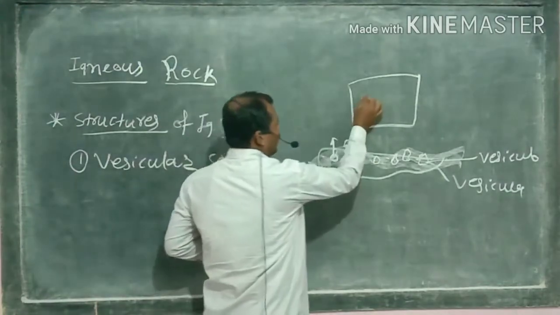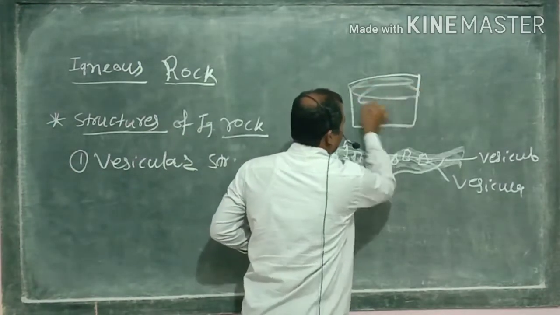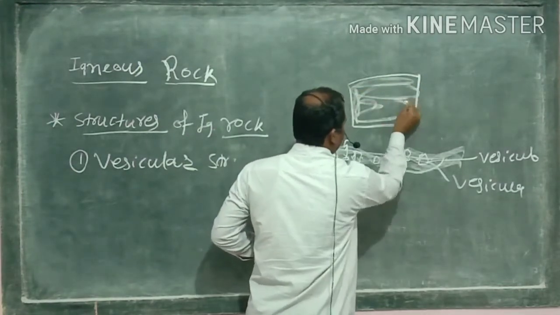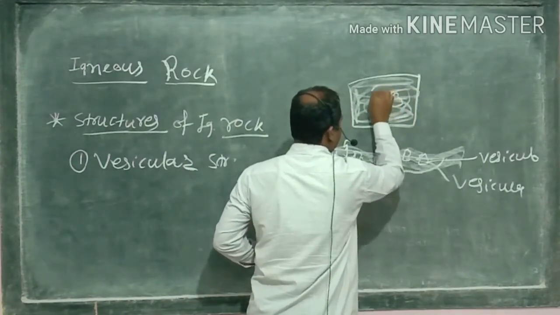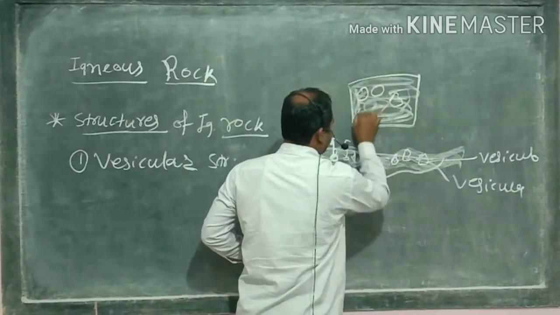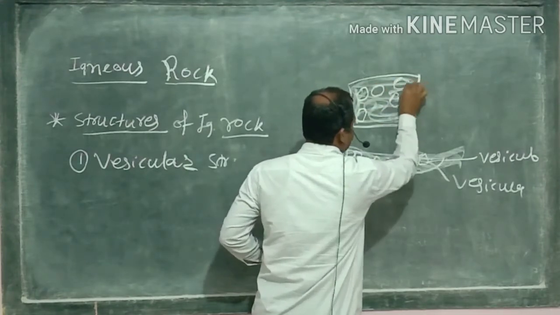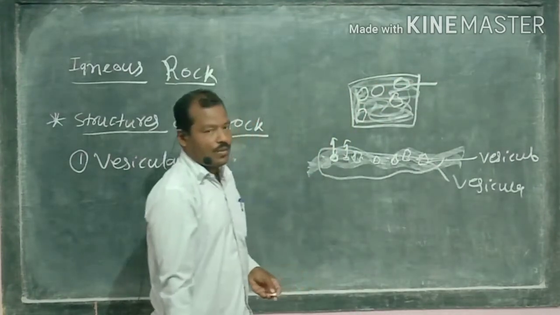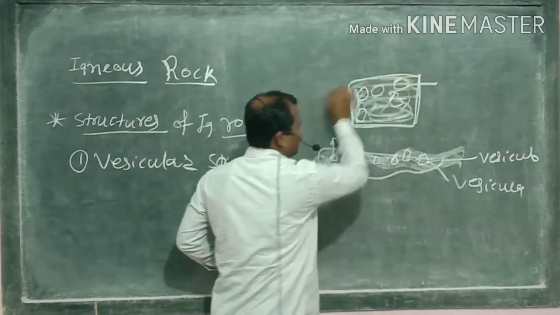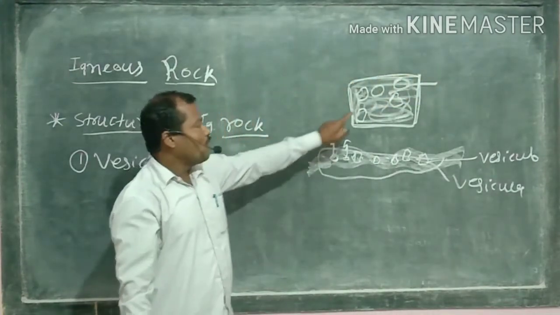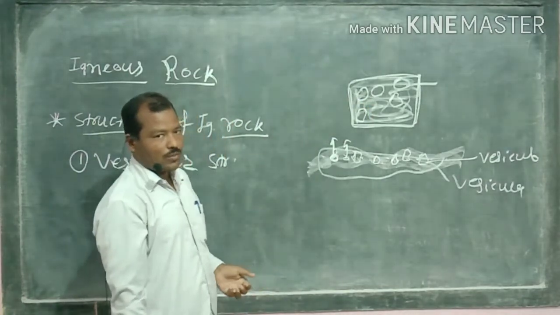This is the rock mass in which these gases are produced. These gas cavities are called vesicles, and the total mass of the rock is called a vesicular structure.